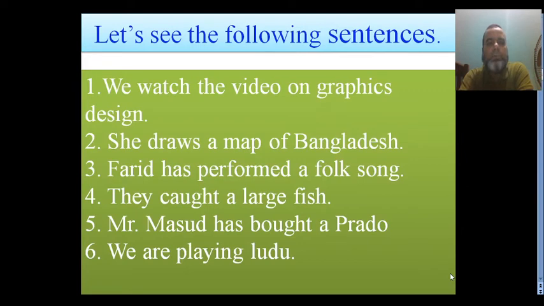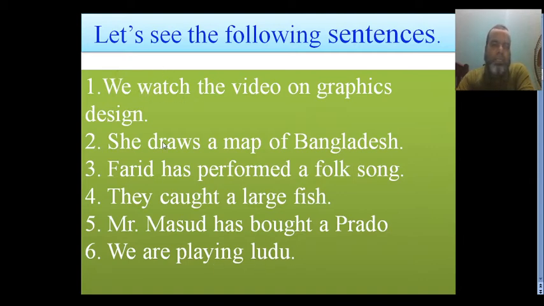Let us see the following sentences. We watch the video on graphics design. She draws a map of Bangladesh. Farid has performed the folk song. They caught a large fish. Mr. Masood has bought a Prado. We are playing Ludo. Think about these.